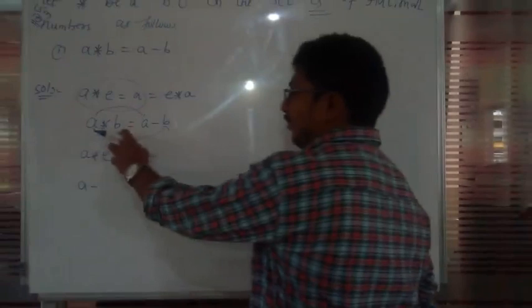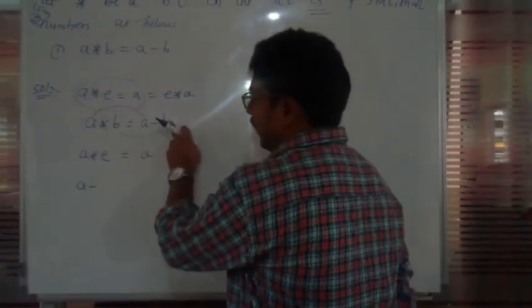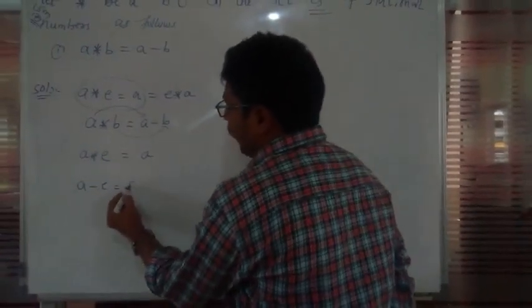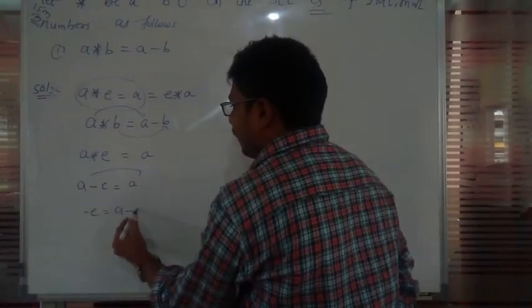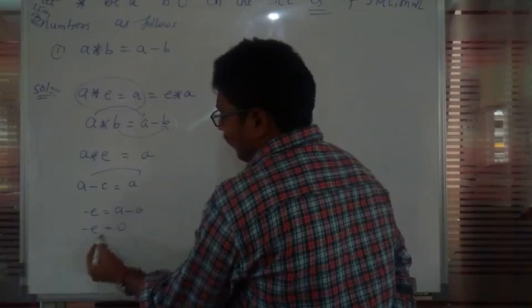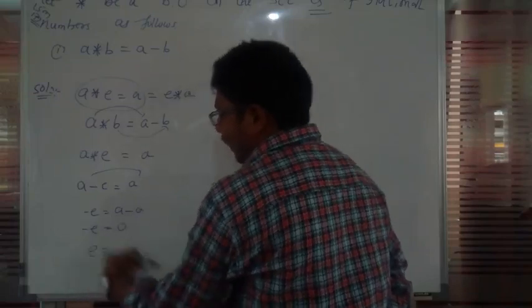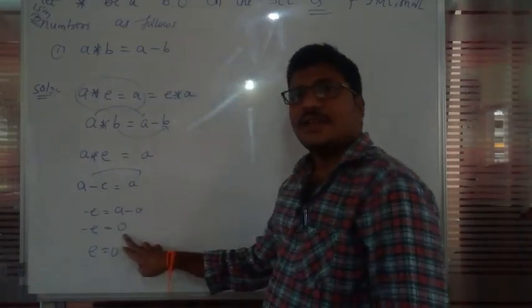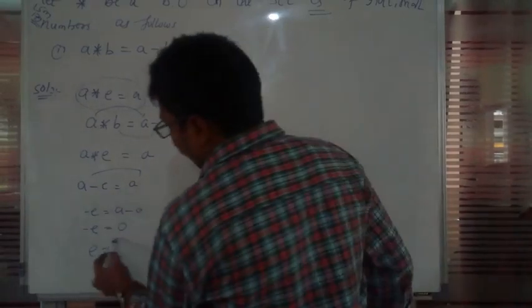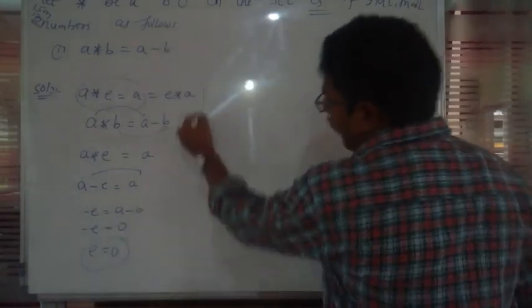And in the placement of B, we should fill E. So A minus E is equal to A. When we shift, it becomes minus E equals A minus A, that is 0. E is equal to 0 divided by minus 1. 0 divided by anything is considered as 0. E is equal to 0. Next one, you come to the point.